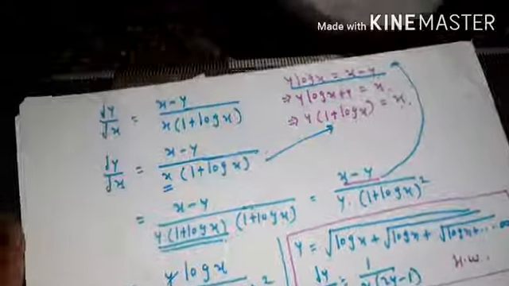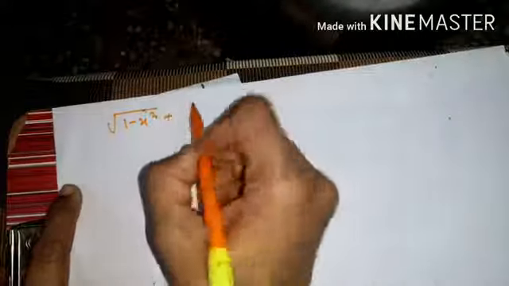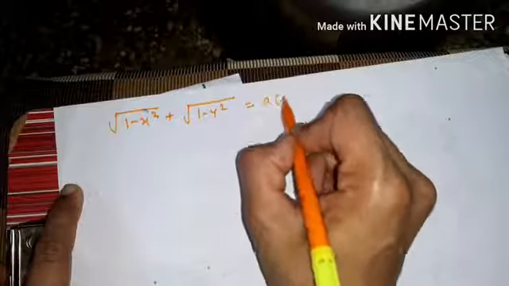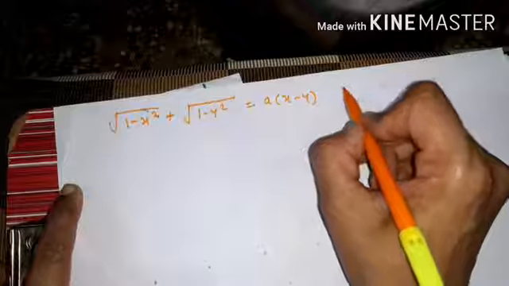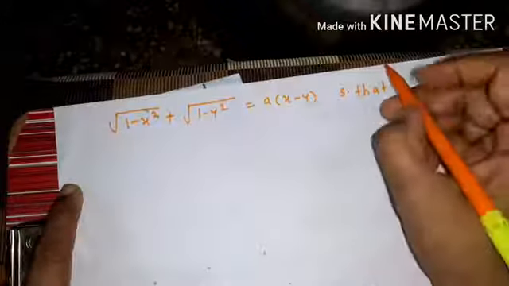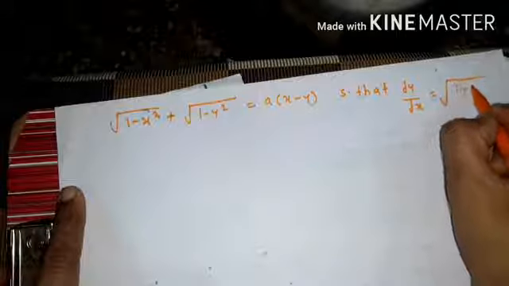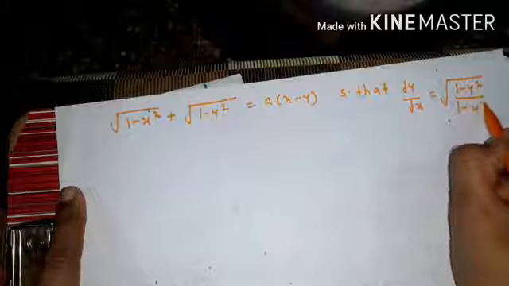Now the next one: if square root of 1 minus x square plus square root of 1 minus y square equals a into x minus y, then show that dy by dx equals square root of 1 minus y square upon 1 minus x square.